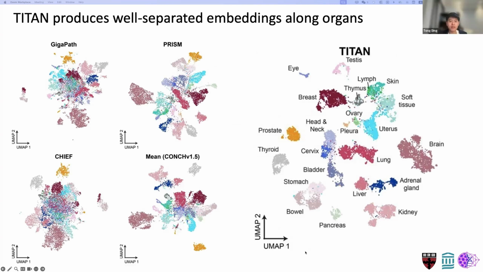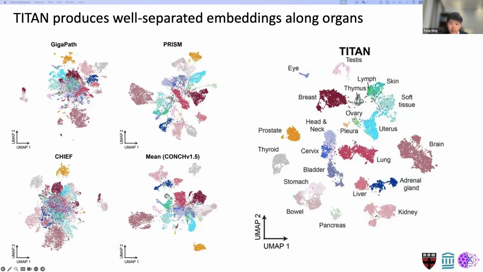Yeah, and so now we start to investigate the model's representation qualities, and so we first visualize different slide encoders' embeddings on the TCGA OncoTree dataset. And we can observe that both Titan and Prism embeddings were nicely separated along organ site, whereas GigaPath or CHIEF resulted in a giant cluster lacking separation.